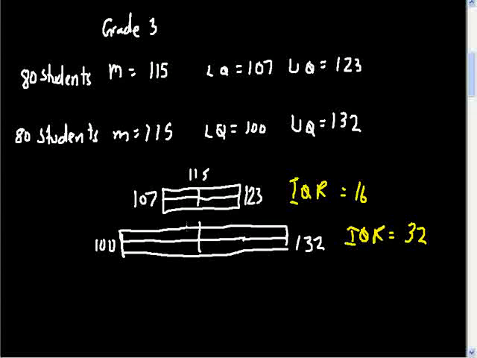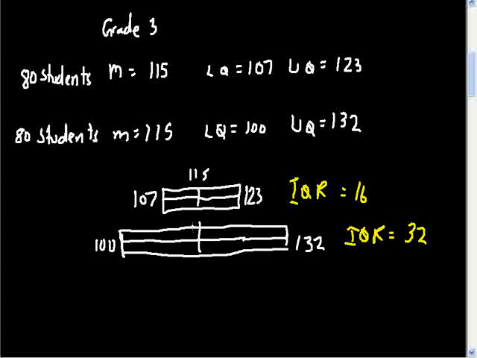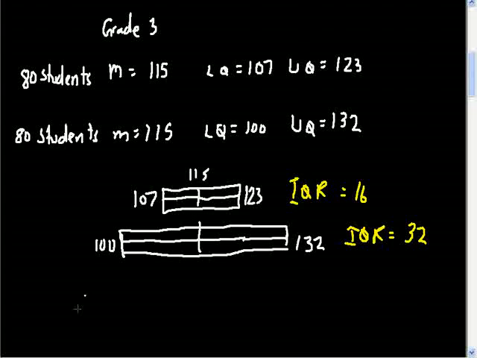Now you would think, to work out variation, why can't I just go for the range, which is the difference between the largest and the smallest value? The danger with using the range is this.